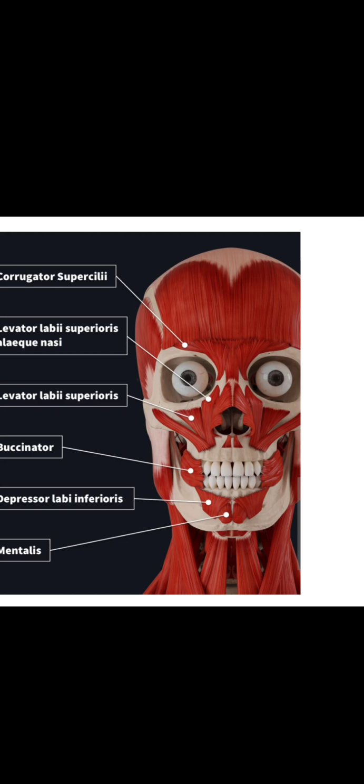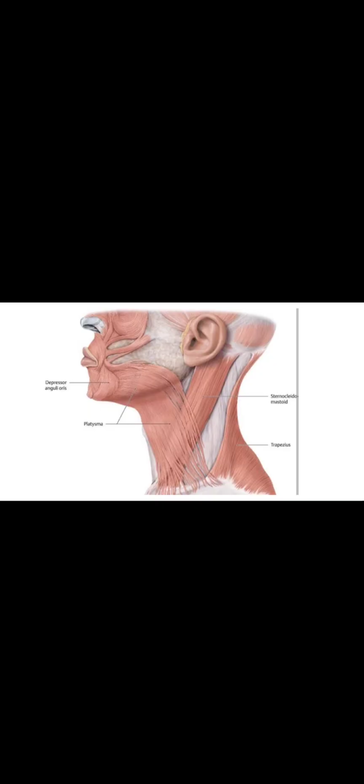These are your incisors, and below the incisors you have the origin of the mentalis muscle. They are inserted over the chin. From here they originate, and over here they insert. So what is their function? To elevate and protrude the lower lip.